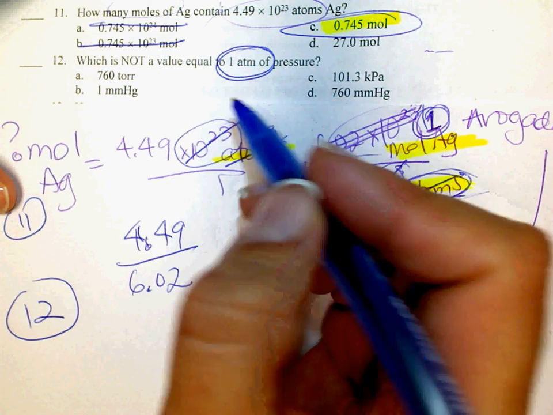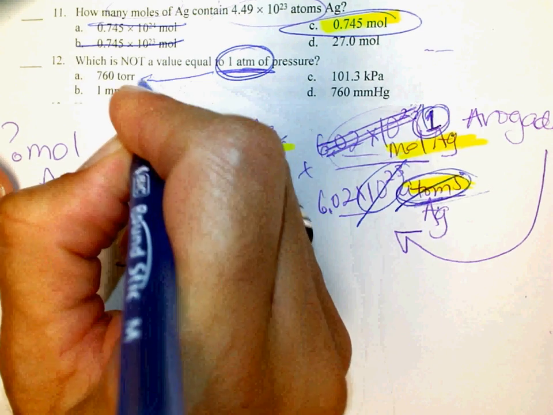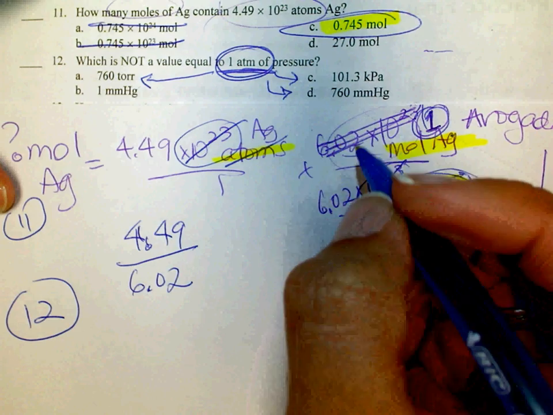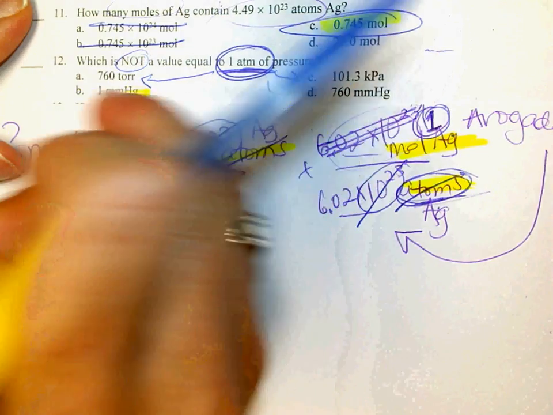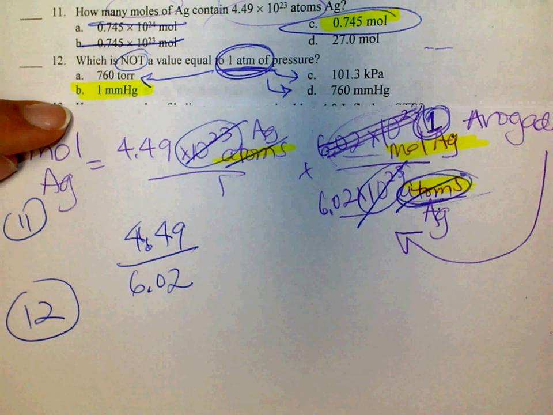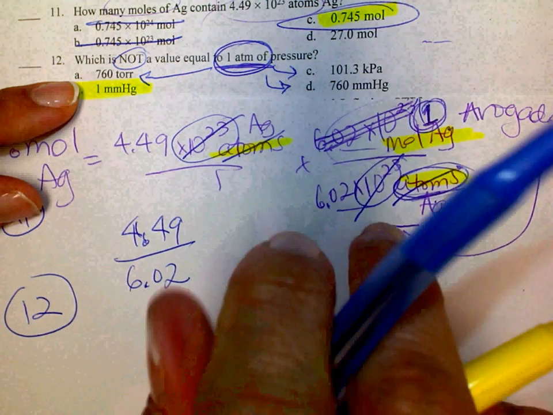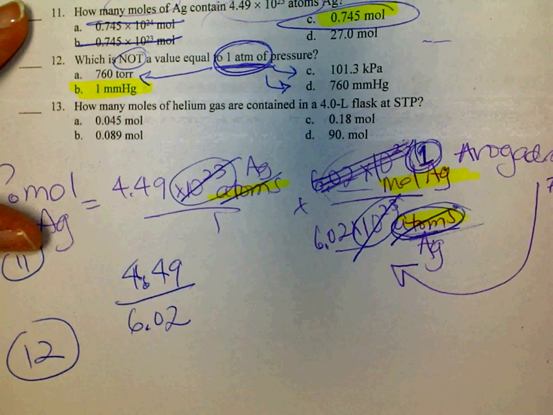And we see that 1 atmosphere is equal to this, and it's equal to that. So what is the correct answer to what is it not equal to? B. 1 millimeter of mercury is not equal to 1 atmosphere. 760 millimeters of mercury is equal. So B is correct.